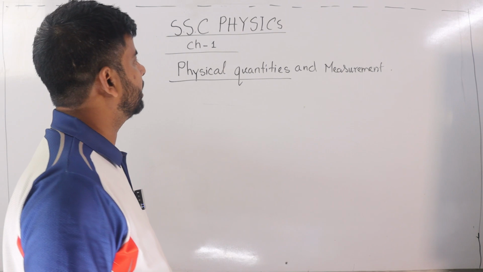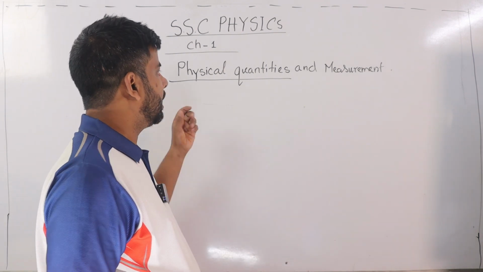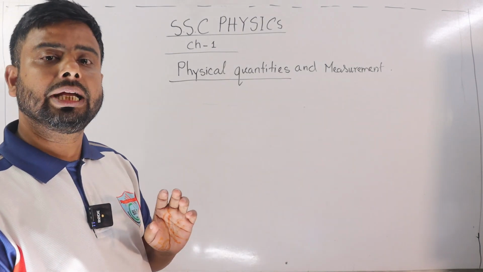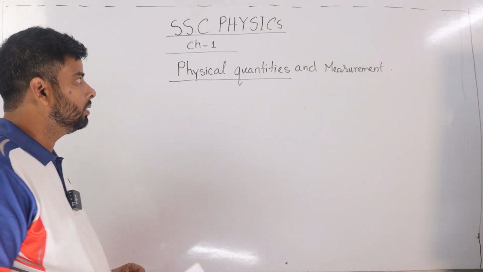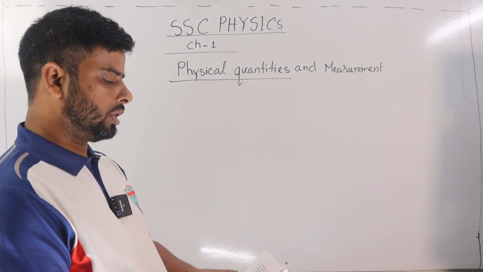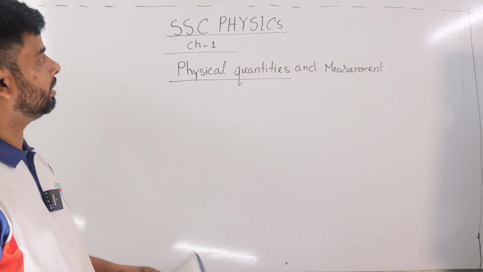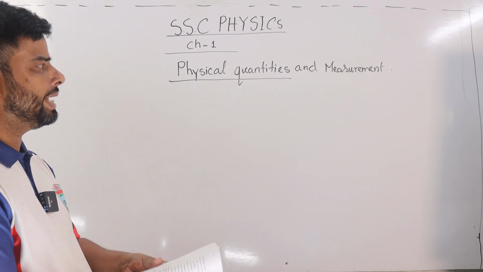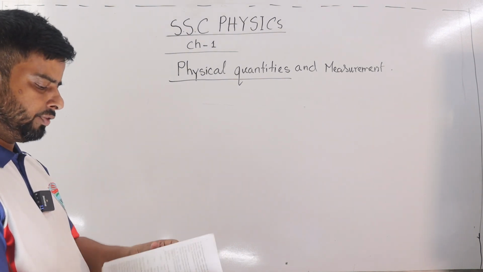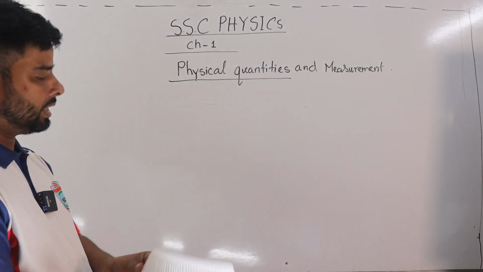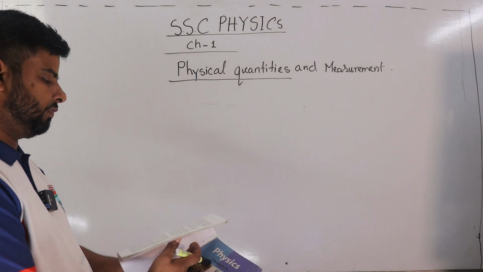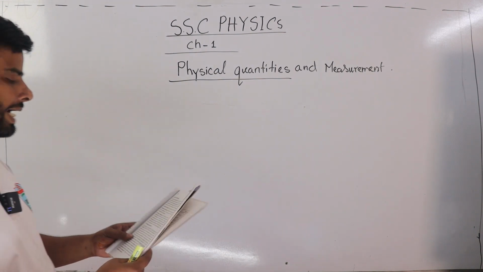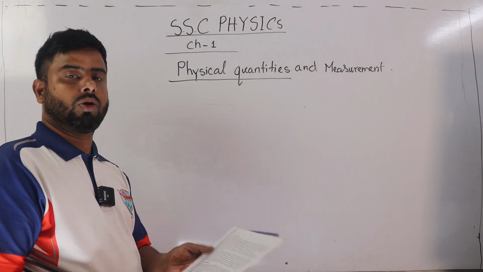In science and technology, measurement and physical quantities are very important, because in everyday life we need to measure different things. First, what are physical quantities? Anything that is measurable is called a physical quantity.